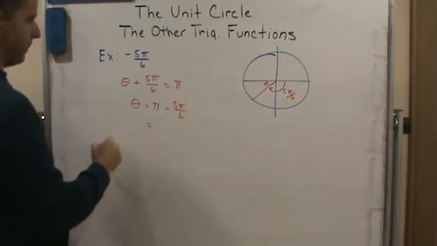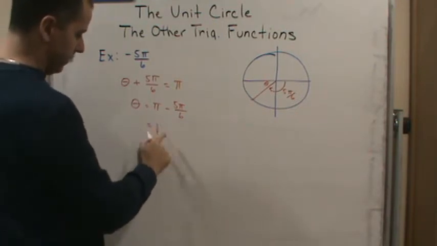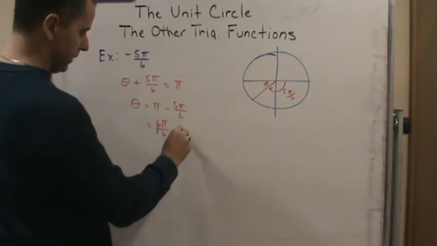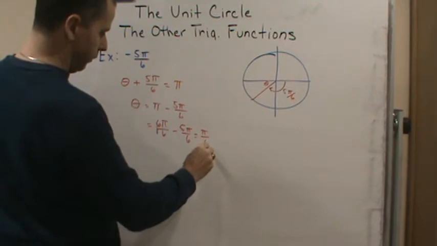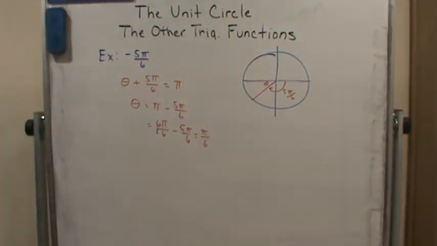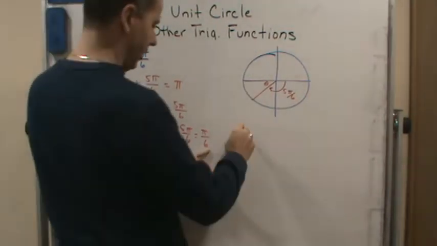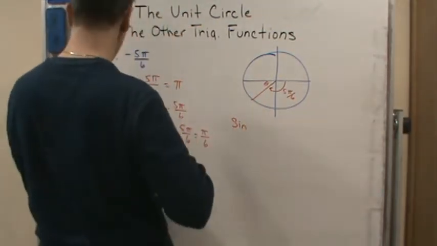Pi is 6 pi over 6, minus 5 pi over 6, which equals pi over 6, and there's my reference angle. So theta equals pi over 6. Now that I know that, that's 30 degrees.